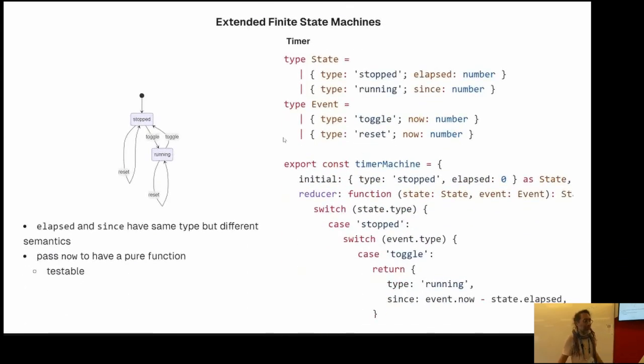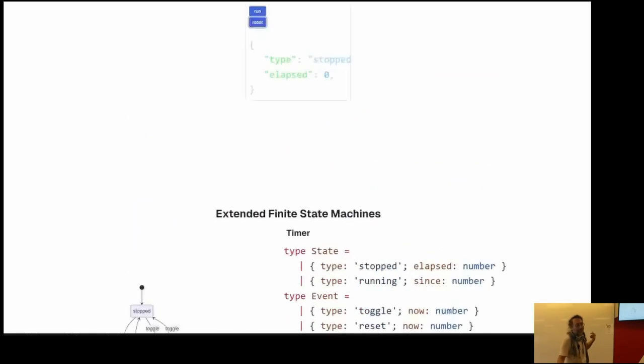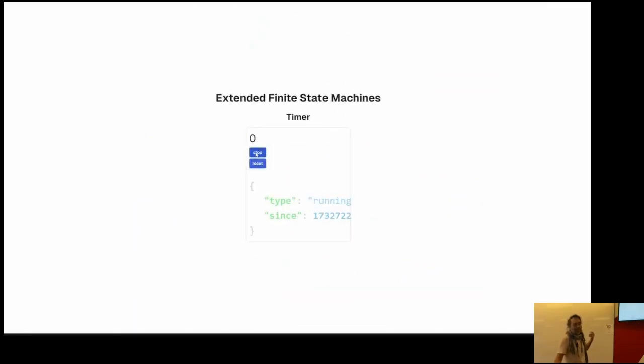So here we have our diagram. We have stopped and running, and we have the toggle event, which goes from one to the other. We also have the reset event that does a self transition, so it moves from stopped to stopped and from running to running. Just in case you don't understand what a reset is, that's putting it back to 0.